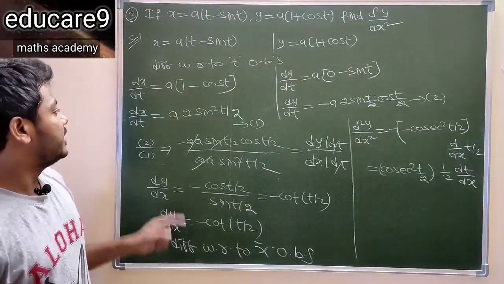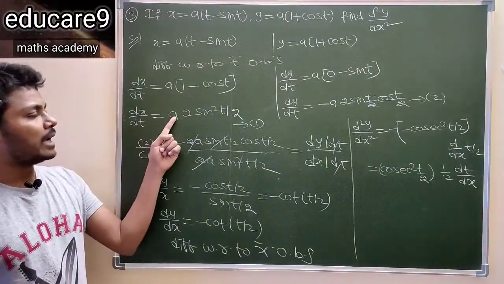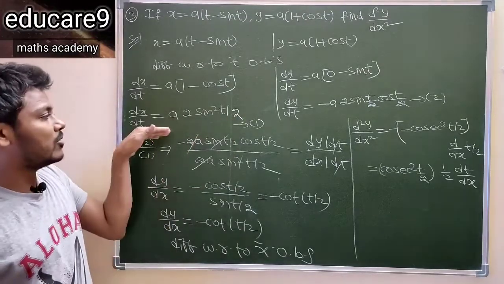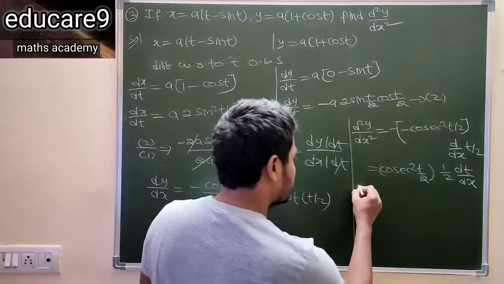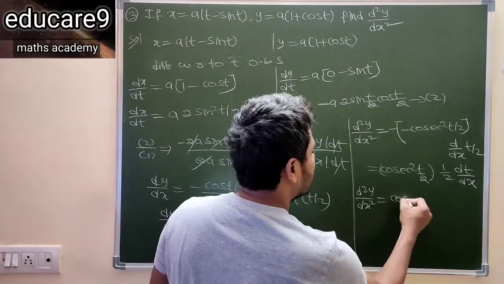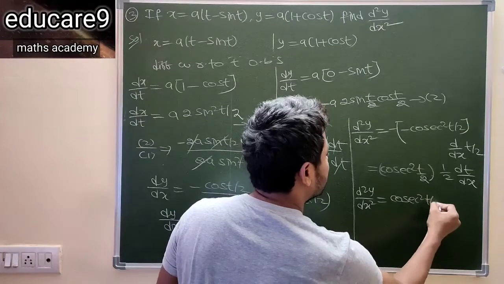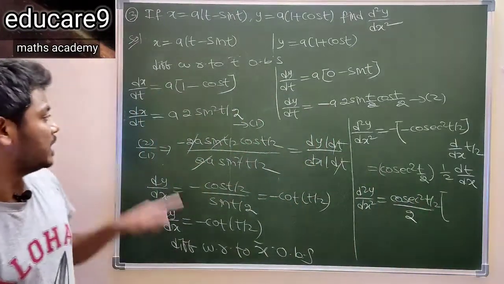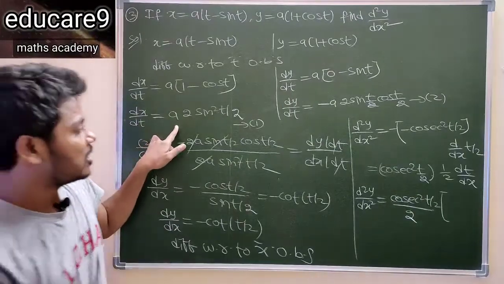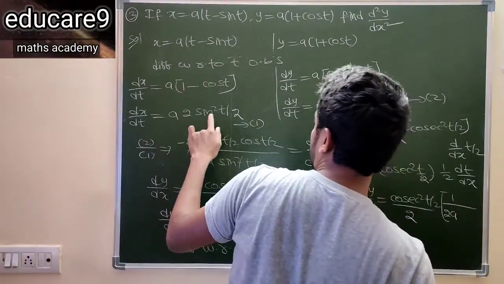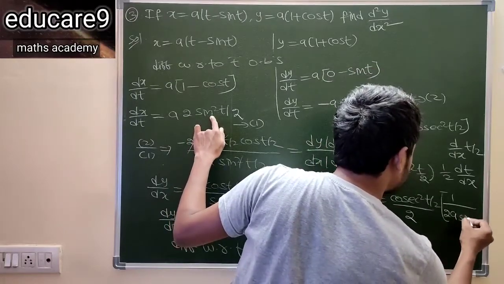Dx by dt is what? a times 2 sin square t by 2. What is dt by dx? The reverse of this. So d square y by dx square is equal to cosec square t by 2 into 1 by 2 into dt by dx, the reverse, 1 by 2a sin square t by 2.